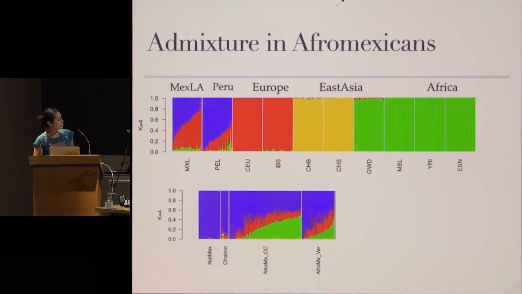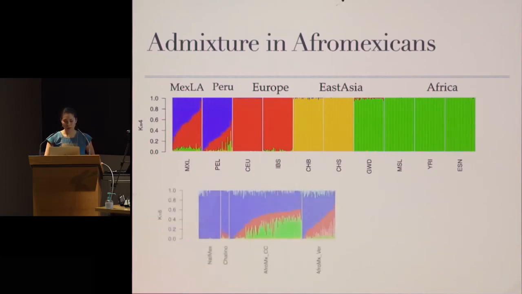We have some European as well here, but we see that the Afro-Mexicans from Costa Chica and Veracruz have way more of this green component, but the predominant one is almost always the indigenous component.